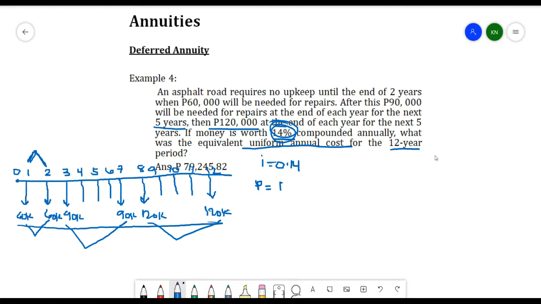This is the formula of compound interest, 1 plus I raised to negative n, plus the formula of our present worth for the deferred annuity, which is A over I, multiplied by 1 plus I raised to n minus 1 all over 1 plus I raised to n, times 1 plus I raised to negative m.